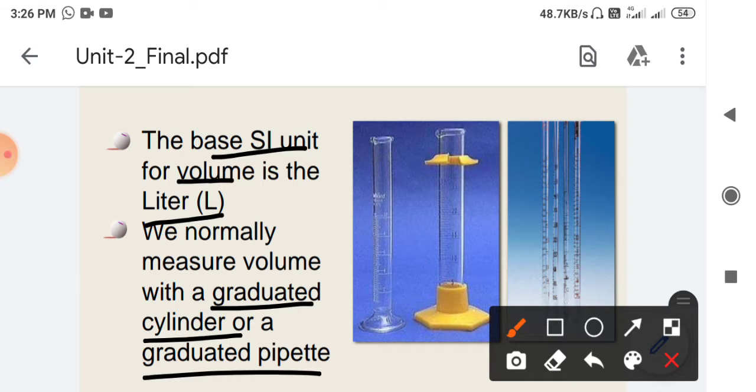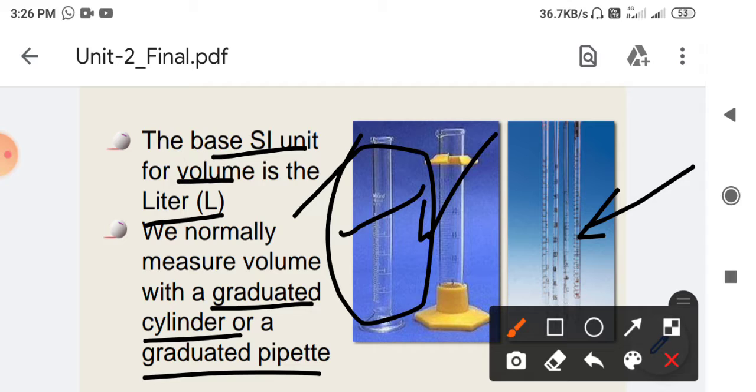We normally measure the volume with a graduated cylinder or a graduated pipette. How accurately we require the given amount of liquid determines whether we use the measuring cylinder or the graduated pipette. For example, for 50 ml of water or solvent, we use the graduated cylinder, and if we require say 0.5 ml of a certain solvent, then we cannot use this cylinder.